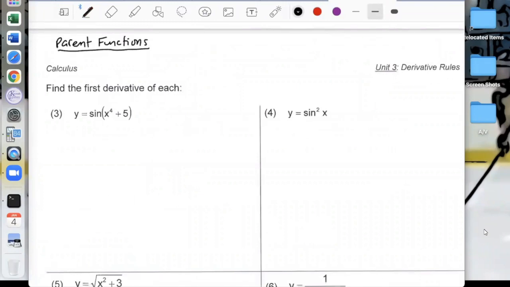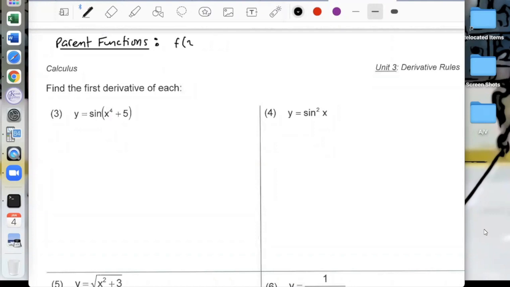And really, if you've heard the term parent functions in the past, but never really thought about it, or kind of dismissed it as an unnecessary term, you probably got away with it. It didn't really matter so much in the past, but now it's going to matter more and more. But you don't really need to know the name as much as you need to know the concept. A parent function is the simplest form of any type of function. All right. So we could have a linear function.